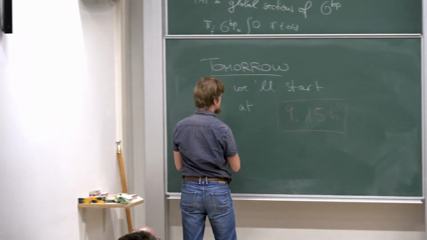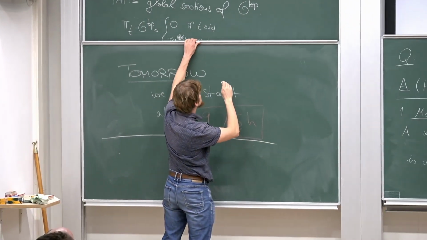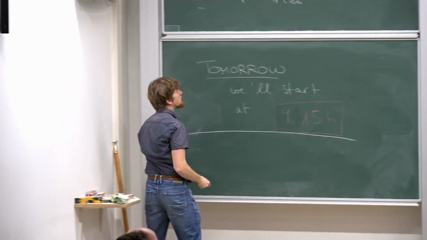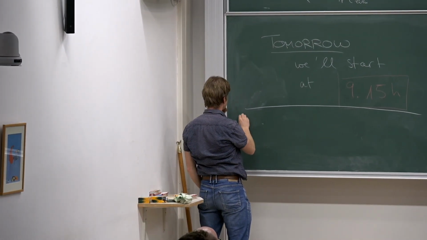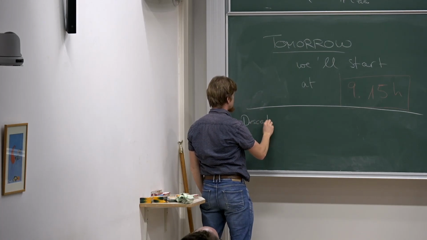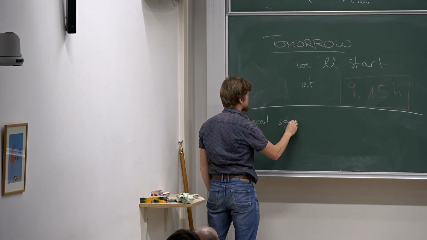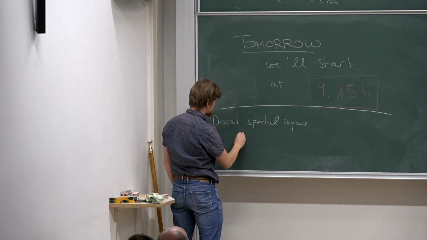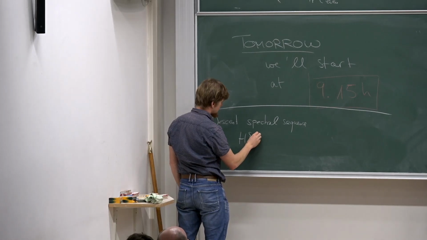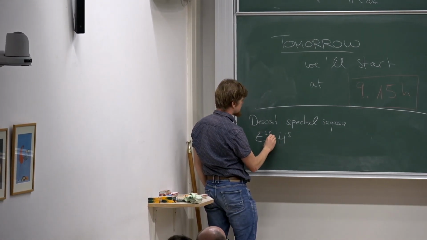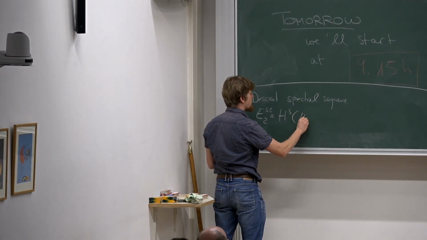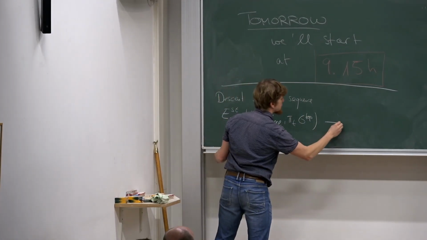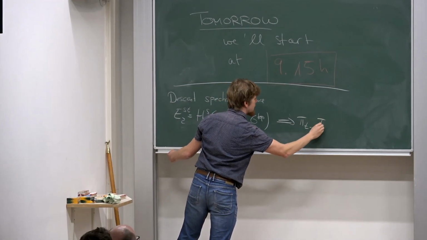Let me not erase this, because this is actually important. It turns out there's an associated spectral sequence called the descent spectral sequence, where a priori the E2 page is a certain cohomology group, and this goes to the homotopy groups of TMF because it's a global section.